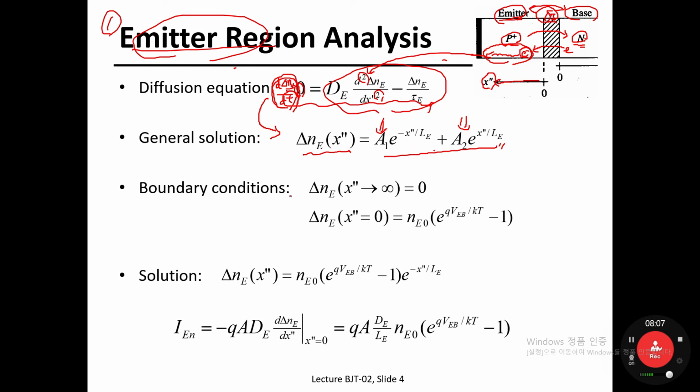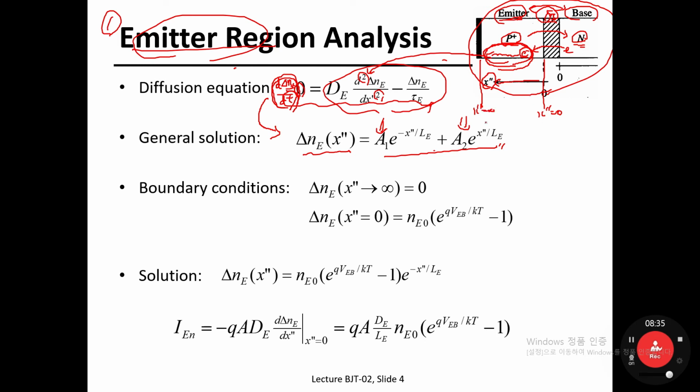For that purpose, we should develop two boundary conditions. So go back to this forward biased emitter-base junction, and when it comes to the injected electrons, what kind of boundary conditions can we get? This and that, when x2 prime is 0 or x2 prime is infinity.